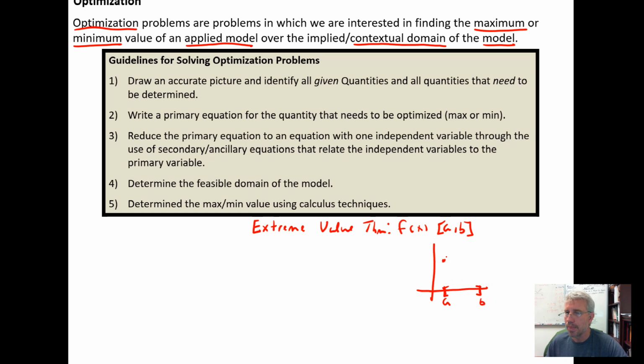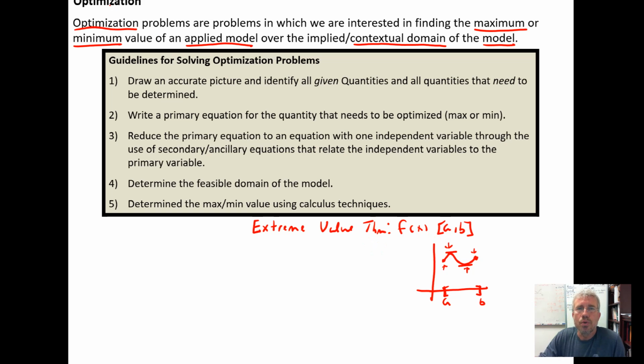If we have a continuous function over a closed interval, then the extreme value theorem said, you're guaranteed that there's going to be a maximum and minimum value on the interval, and it may occur at critical values of the function, and it may occur at the function endpoints. So the extreme value theorem guaranteed for us the existence on a closed interval of a maximum or minimum value.